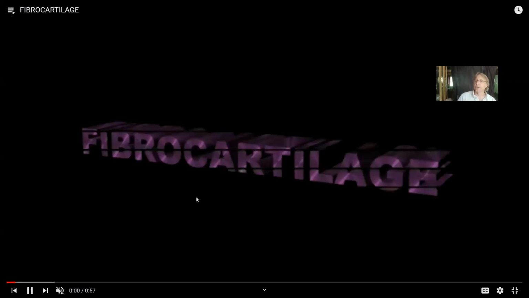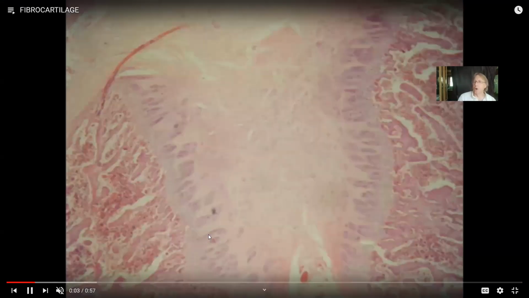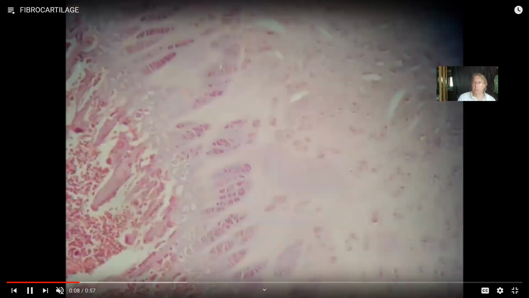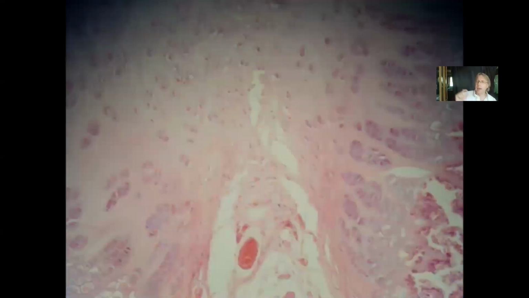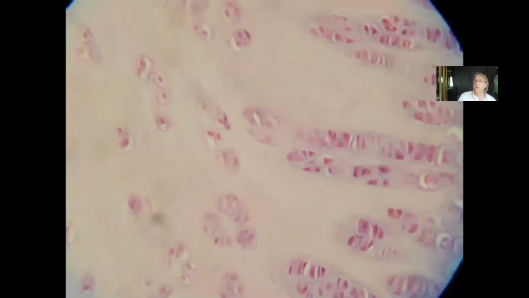In addition to the hyaline cartilage that you just saw, there is also another kind known as fiber cartilage. We find fiber cartilage between the two pubic bones at a place known as the pubic symphysis. In the intervertebral discs between vertebrae in the vertebral column, we find fiber cartilage there.